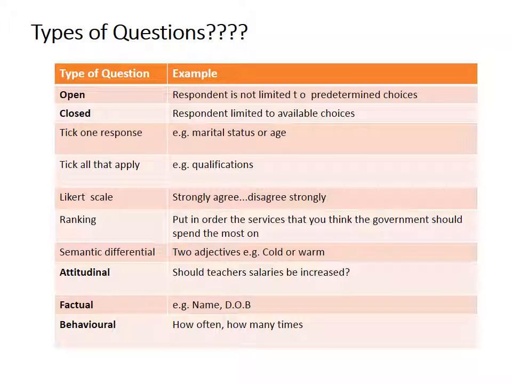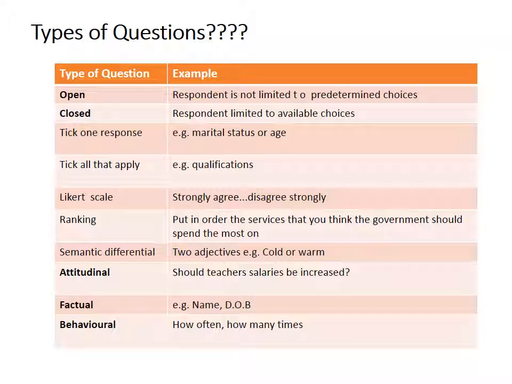Should teachers' salaries be increased? Now you could have a closed question for that. You could have a yes/no answer. You could have a Likert scale. Yes, maybe, no. But what you're trying to do is you're trying to get an individual's view, an individual's feeling on a topic.